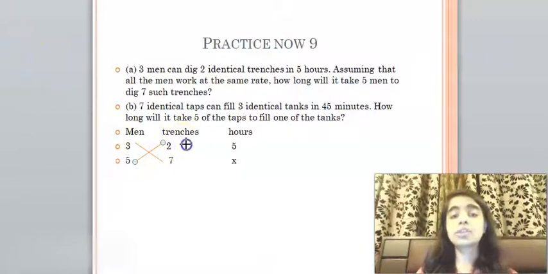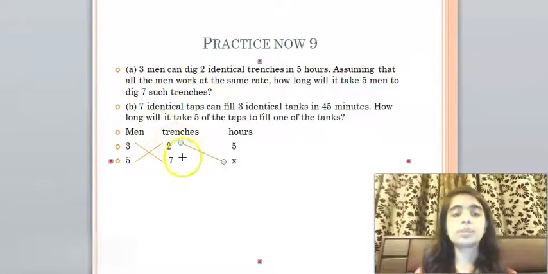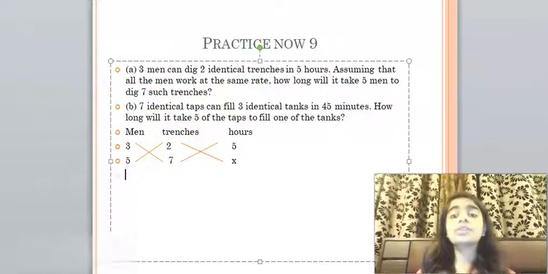So let's cross multiply this as well. Okay, so now here you can see there are 3 quantities. Now don't get confused. Let's start from here. So it is 3 and then we are going to 7. So it will be 3 multiplied by 7.